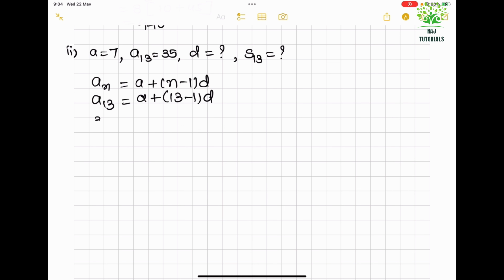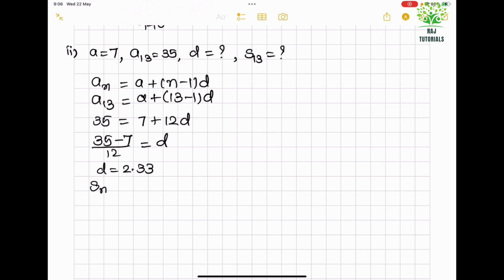So a13 is 35 equal to a is 7 plus 12 d. So 35 minus 7 upon 12 equal to d. d equal to 2.33.